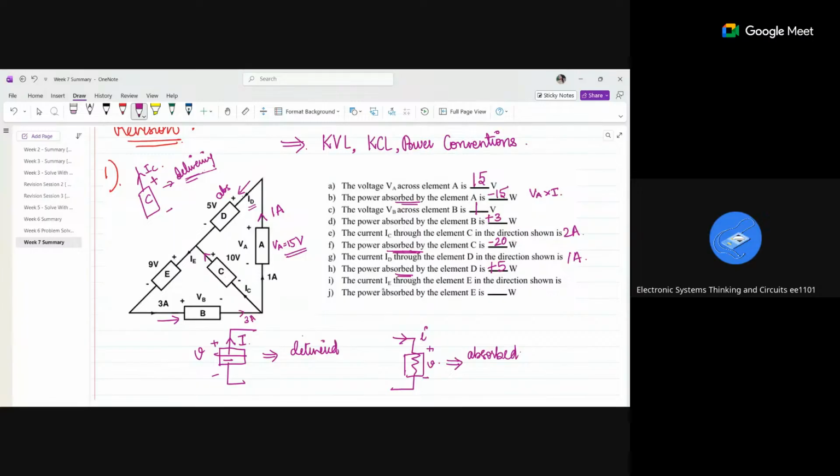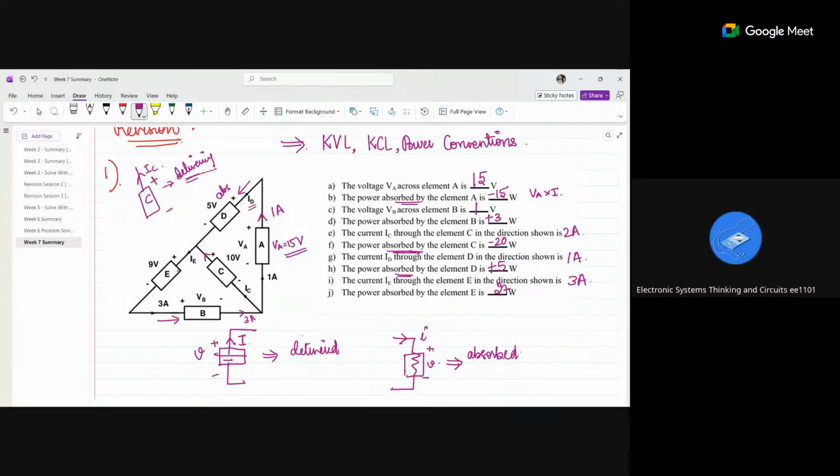Then what is current IE? It is 3 ampere. What is the power absorbed by the element E? Minus 27. But we have to mention the direction.